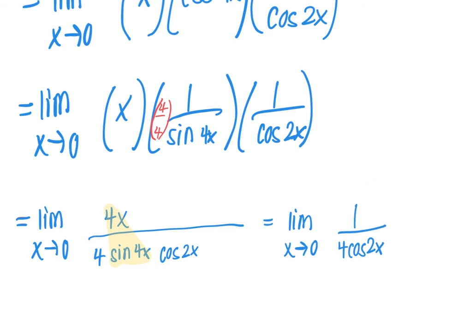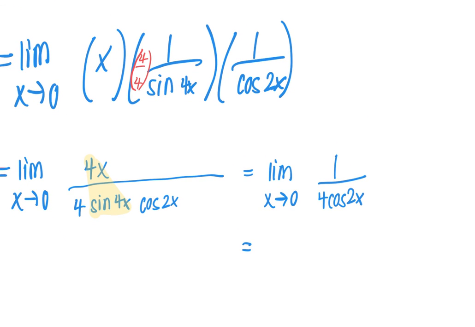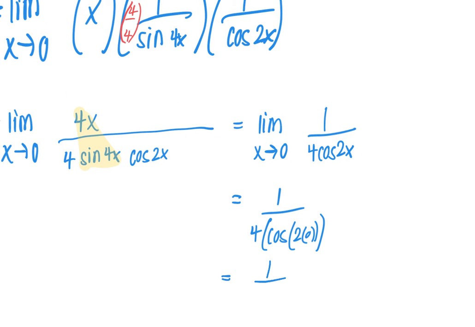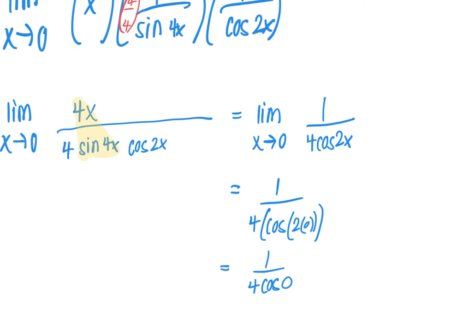Anyway, so now think about use direct substitution basically. What is the cosine of, and then since I'm using direct substitution, I will not use limit notation. Two times 0 is 0.